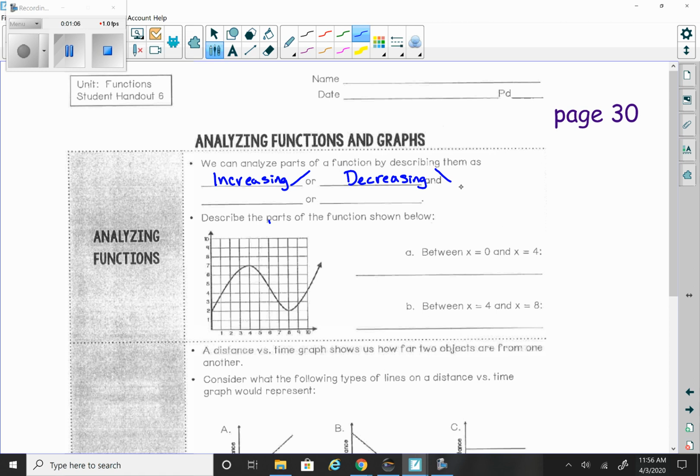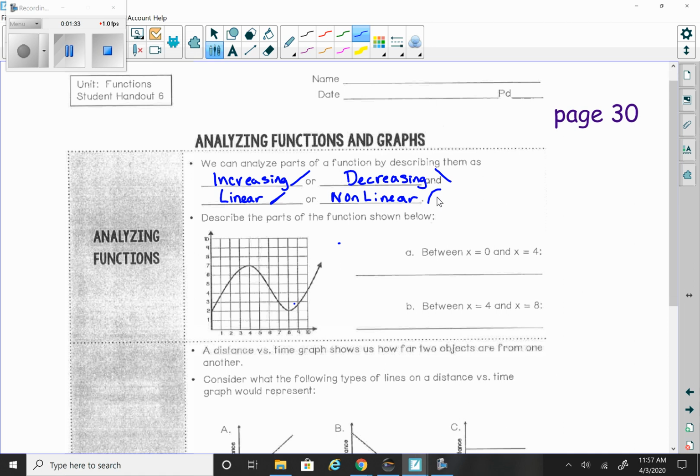We can also describe graphs as being linear. Linear has the root word line in it. Linear means straight line. Or we can describe them as being nonlinear. And we did talk about nonlinear graphs earlier in this packet. Nonlinear, remember, it's not a straight line, so we saw some curved graphs or some crazy graphs that are nonlinear.